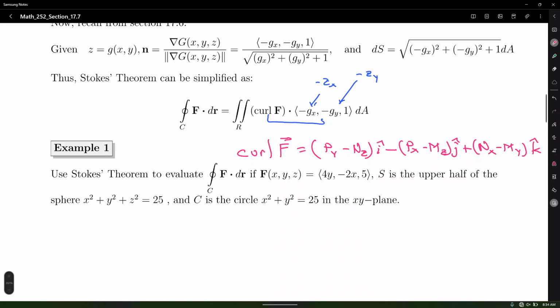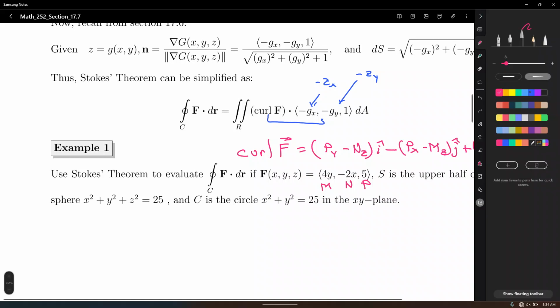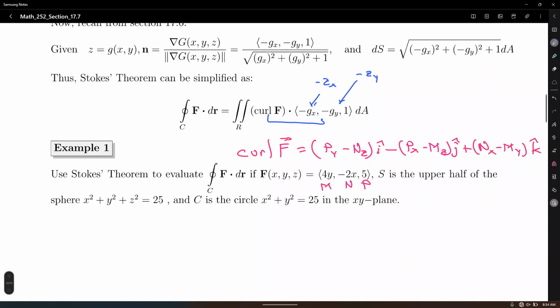And we can find all these partial derivatives. Let's label m, n, and p. All right? So let's find the curl.